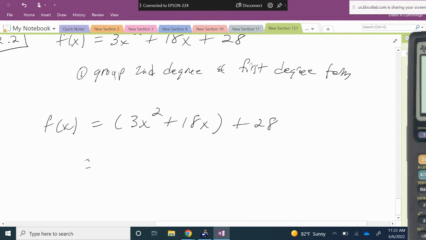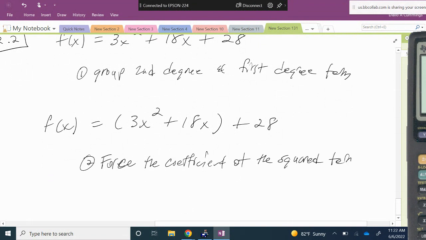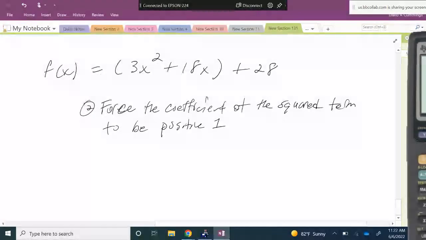So the second thing is we have to force the coefficient of the squared term to be positive 1. In order to make this a 1, I'm going to factor out 3.